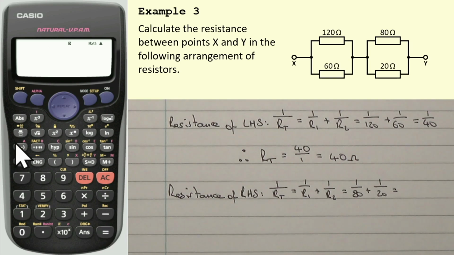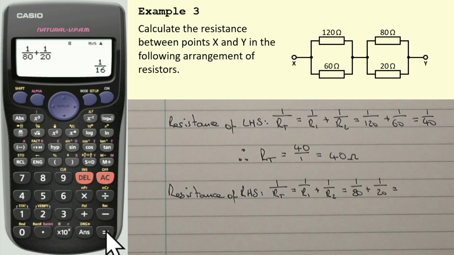And we'll work that out. And what does it give us? Start with the fraction button again. 1 over 80, plus, click right, plus fraction button again, 1 and down, 20. That gives us this, 1 over 16.